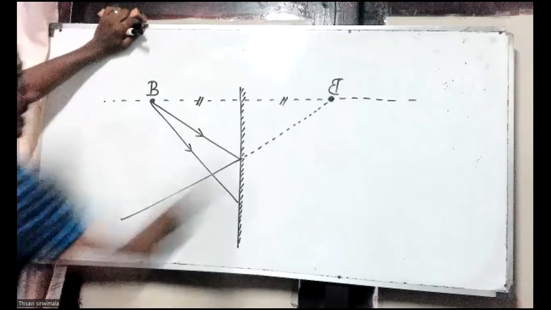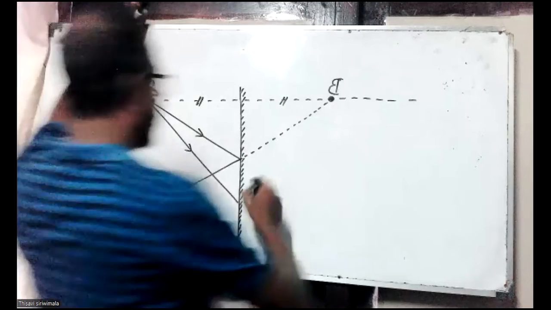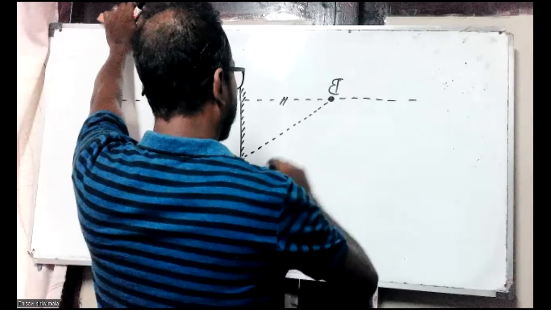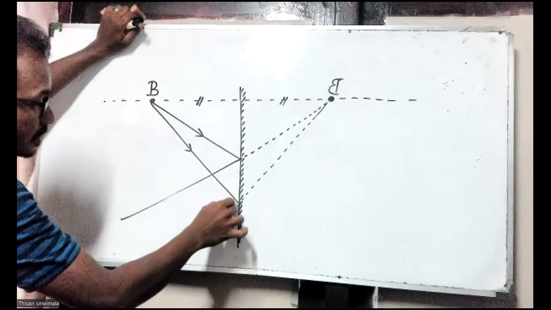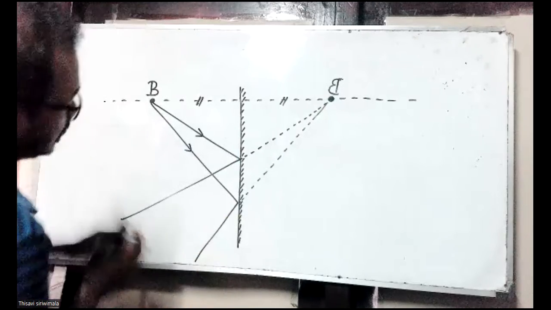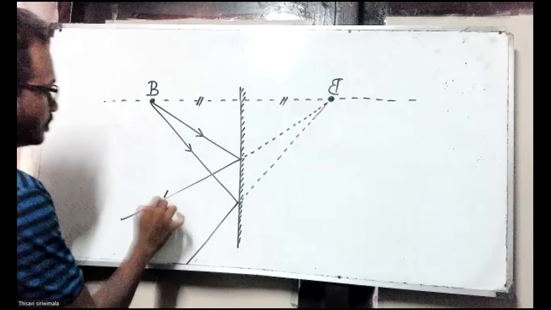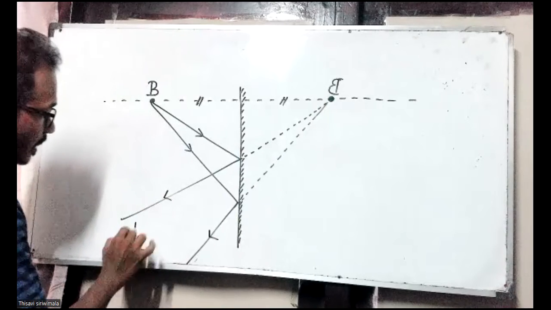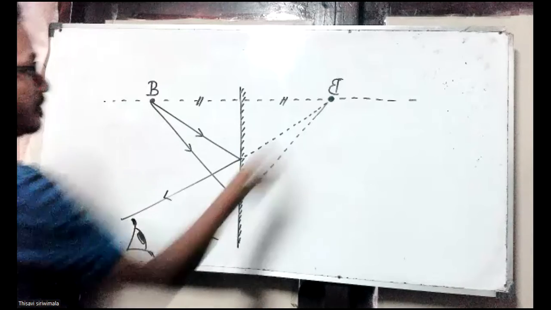So this will be a straight line. Then the same thing you have to perform with this point. Again, a dotted line, merge the two locations, and again without lifting the ruler, extend the line. Right. And this is where the eye will be, and you can see the image.